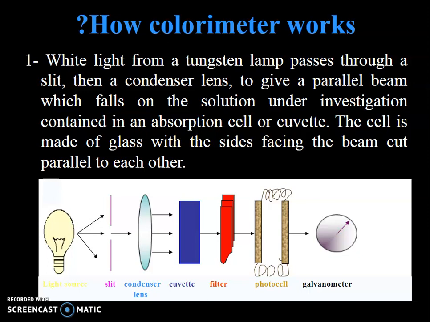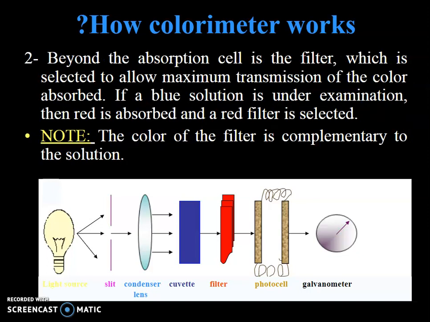White light from a tungsten lamp passes through a slit, then a condenser lens to give a parallel beam, which falls on the solution under investigation contained in an absorption cell or cuvette. The cell is made of glass with the sides facing the beam cut parallel to each other.